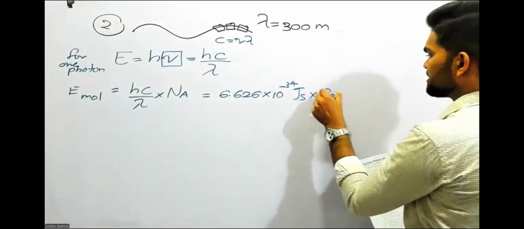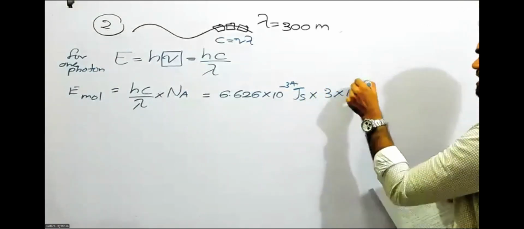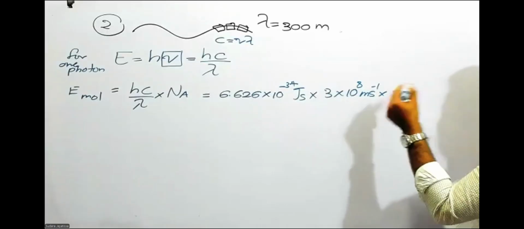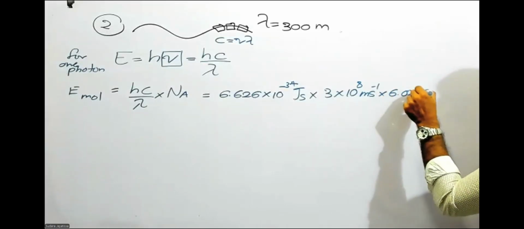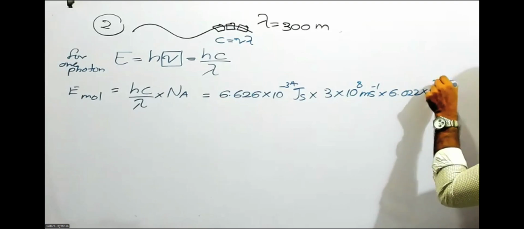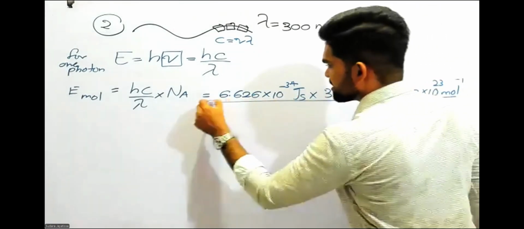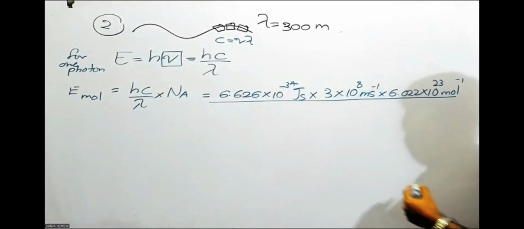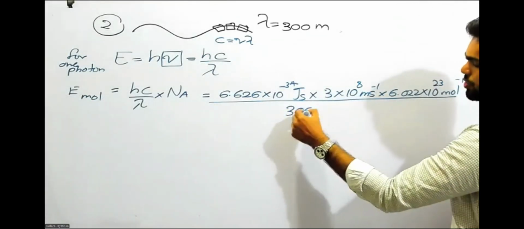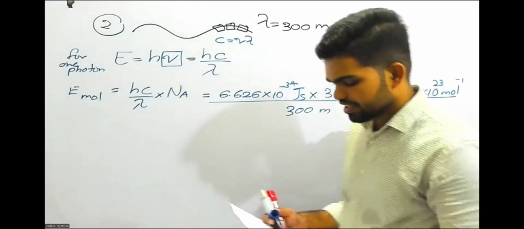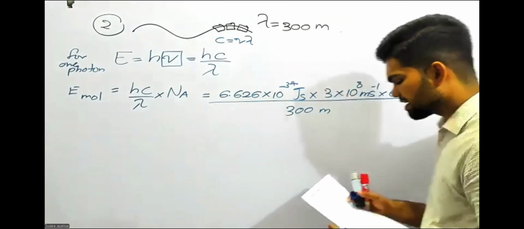And speed of light 3 into 10 to the power 8 meters per second. And our Avogadro's constant 6.022 into 10 to the power 23 per mole. And then divide this by lambda. Lambda is 300 meters, so you don't have to change the unit. If it is given in nanometers or something, you can change, but it is not given in nanometers.